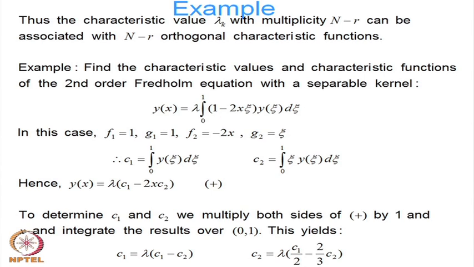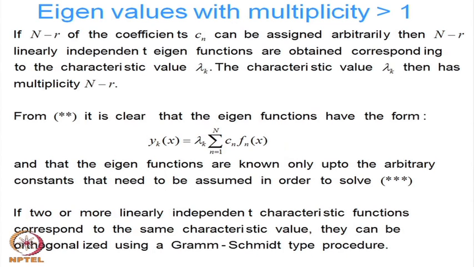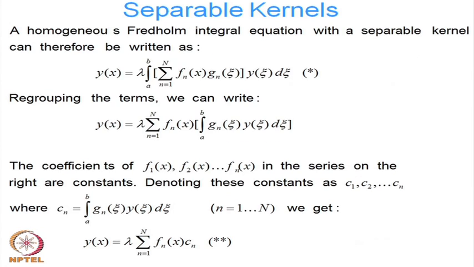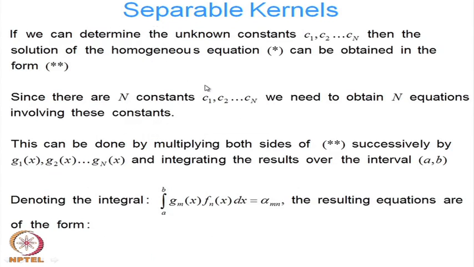That is the second part of the kernel, so that fits the form which we showed earlier on. So, n is equal to 2 now, f1 is equal to 1, g1 is equal to 1, f2 is equal to minus 2x, g2 is equal to xi, right.